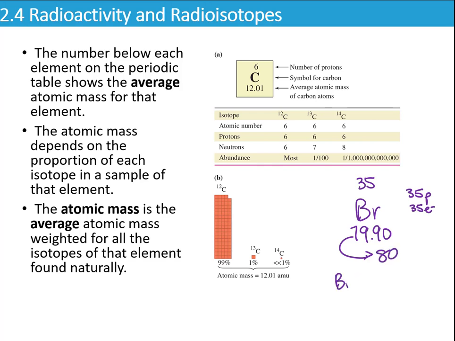I could call this bromine 80. How many neutrons would that be? 45. If I took 80 minus 35, that's 45 neutrons, and that would be the most common.